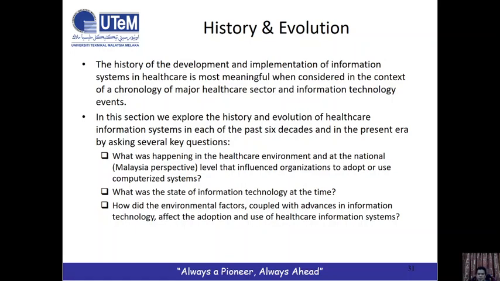What was happening in every decade? History and evolution of healthcare information system in each of the past 6 decades and in the present era, by asking several key questions.